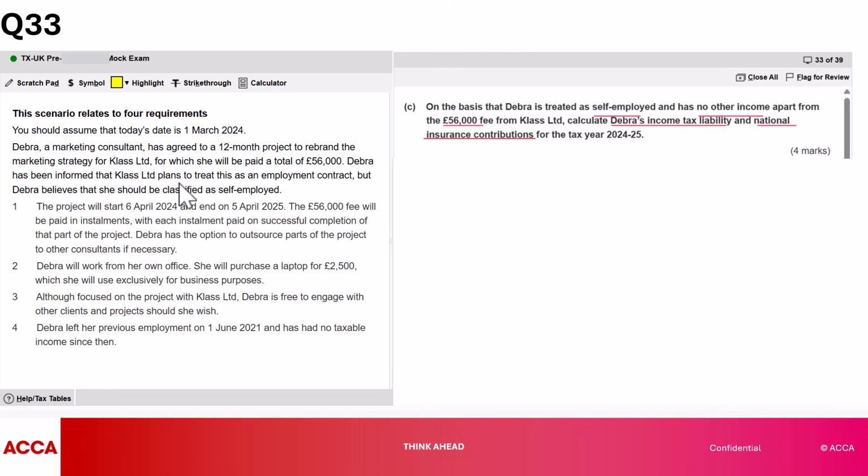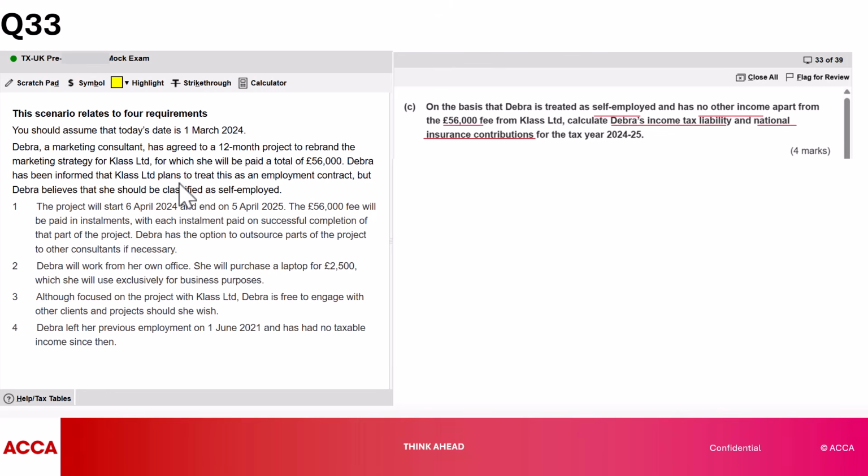On the basis that Deborah is treated as self-employed and has no other income apart from the 56,000 fee, calculate her income tax liability and her NIC. Now, one of the things I want to be a bit careful with is note 2, because note 2 speaks about a laptop used for business purposes. This is plant and machinery used for business purposes, on which we can claim capital allowances.